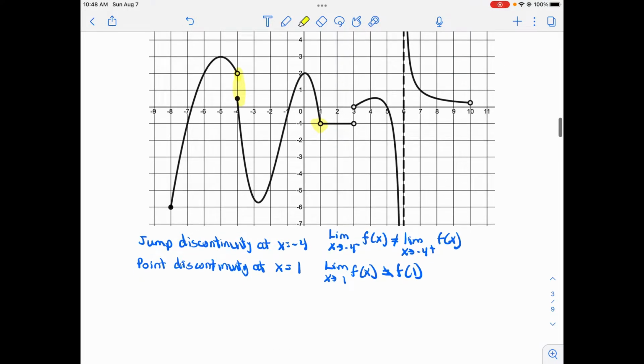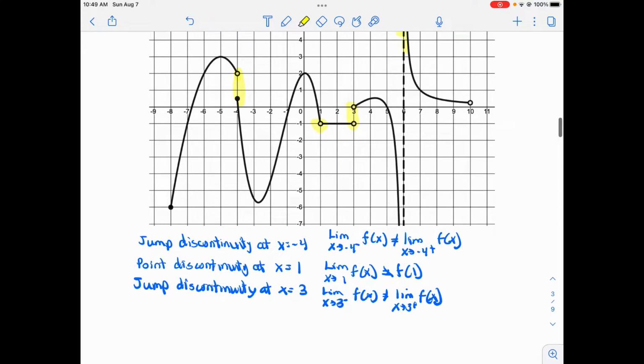Okay, next one is at x equals 3. It's another jump discontinuity. And again, we know that's jump discontinuity because the limit from the left of 3 is not equal to the limit as x approaches 3 from the right.